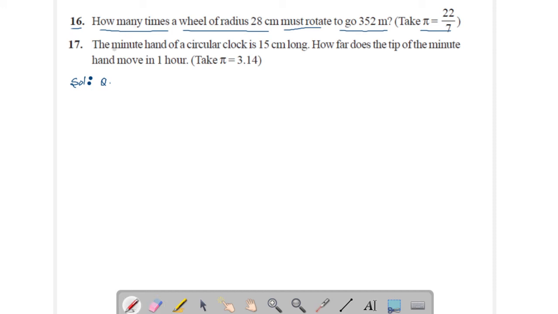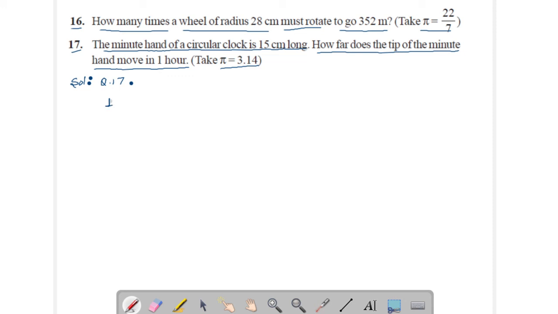Now come to question number 17. The minute hand of a circular clock is 15 centimeter long. How far does the tip of the minute hand move in 1 hour? Take pi equal to 3.14. So see solution of question number 17.